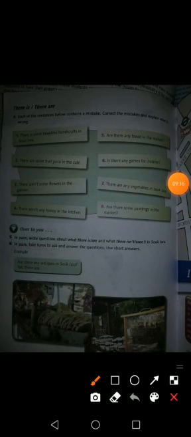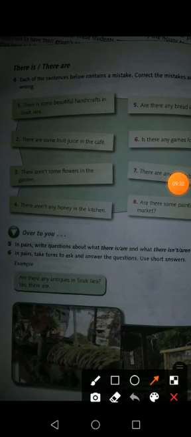So again to the book. Let's move to your book. Here we have exercise number 4. Each of the sentences below contains a mistake. Correct the mistake and explain what is wrong. Okay, student? So, the first one: there is some beautiful handicrafts in Souk Jara.